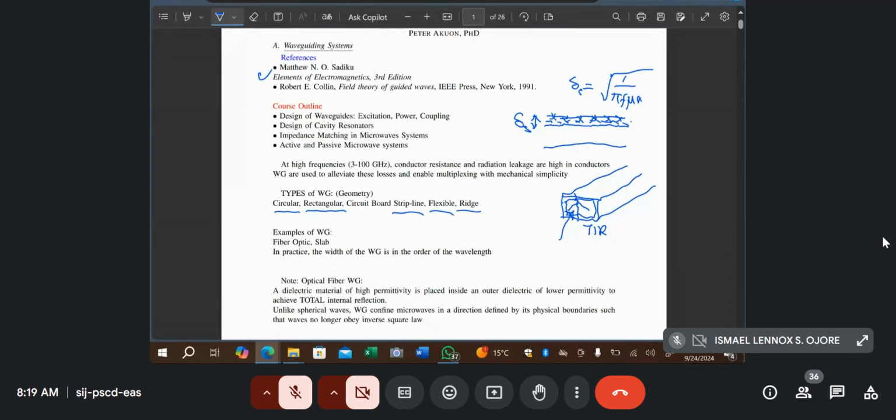That tells you that the design of the waveguide will depend on the frequency in which you're operating. If you have a certain frequency, you have to compute the wavelength and make sure that it is within the size of that waveguide. So you may want to isolate some signals or attenuate them, amplify or circulate them somewhere, or mix them. You can use terminations on the waveguide to be able to achieve all those.